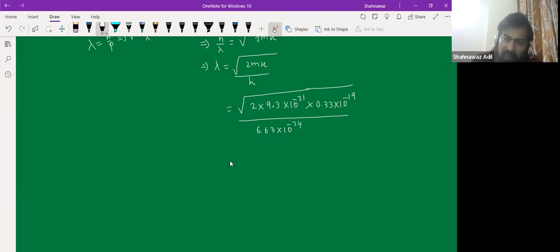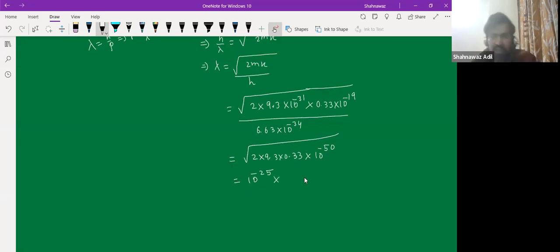So what would this thing be? 2 into 9.3 into 0.33, with the powers of 10 combined. Taking the root, this would be 10 to the power minus 25. Let me use the calculator.